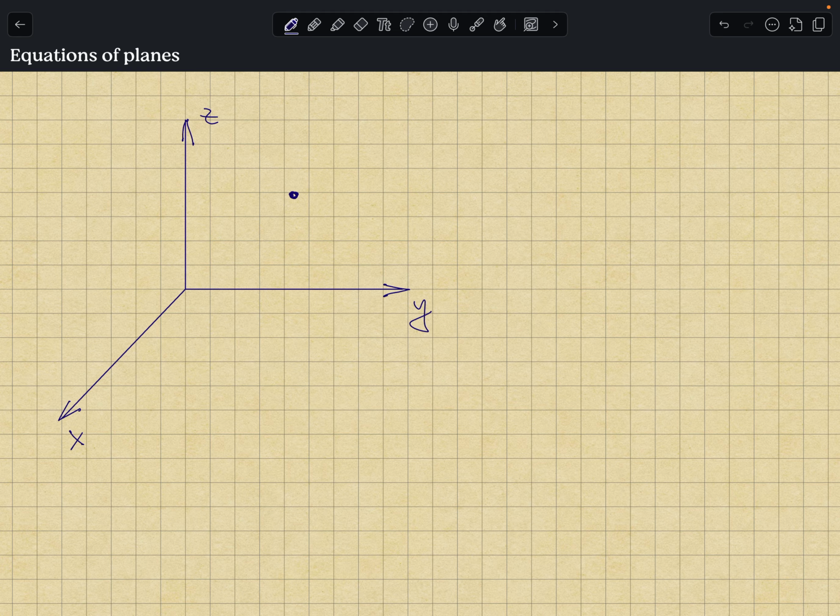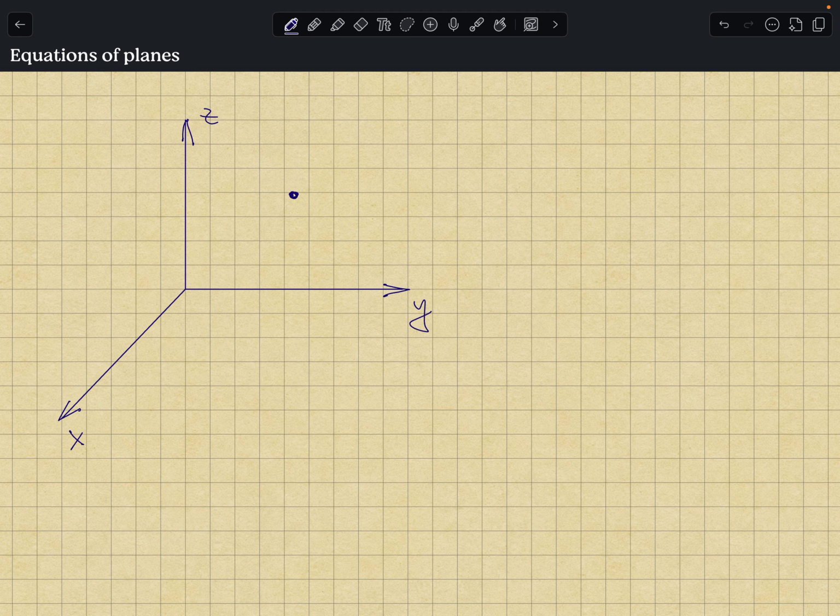And second, because through a single point I can draw infinitely many planes in all different directions, the second thing that I need to prescribe to specify the plane uniquely will be its orientation. As orientation of a plane, for example, I can choose a direction which is perpendicular to it.